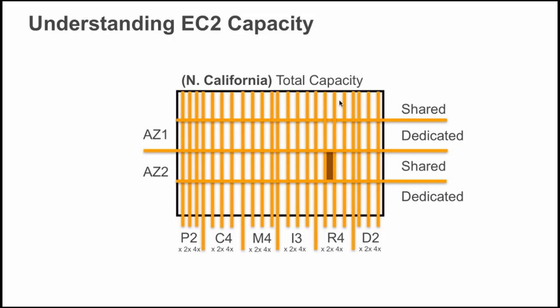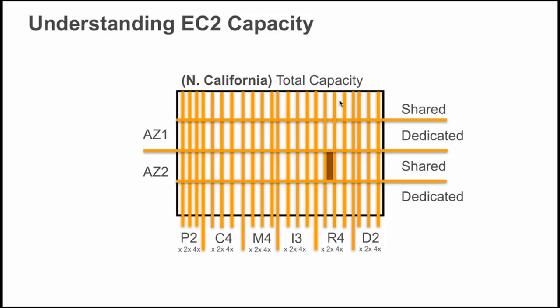That means the physical capacity that is being used for C4 extra larges is separate from C4 2 extra larges, which is separate from C4 4 extra larges. And obviously across availability zones, those are also separate. So when you start multiplying all those variables together, you come up with a lot of different capacity pools for you to pull from.